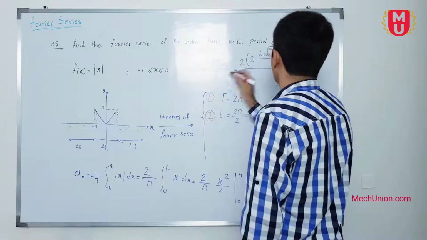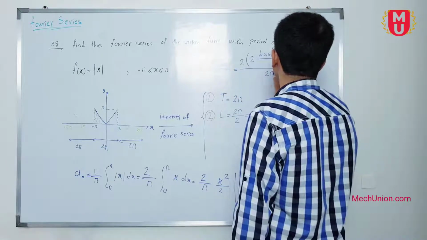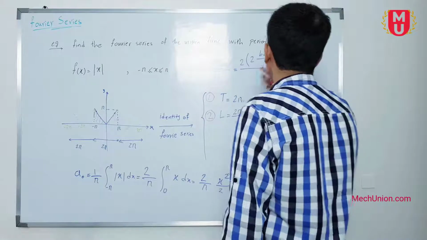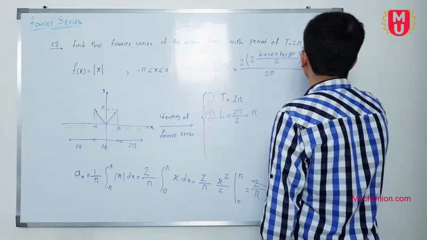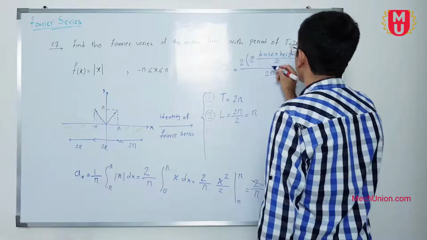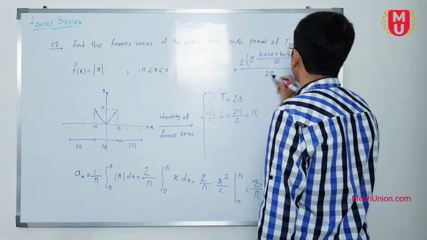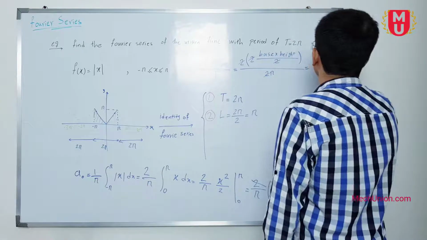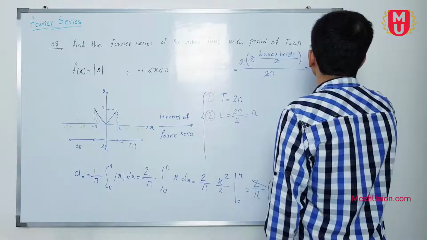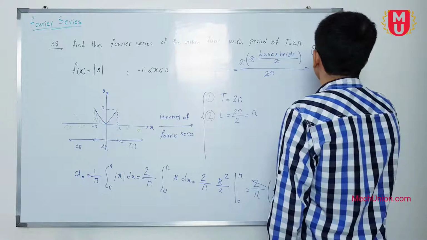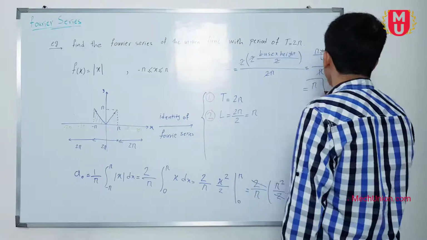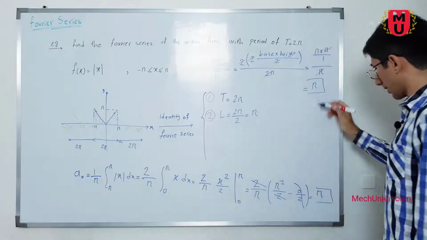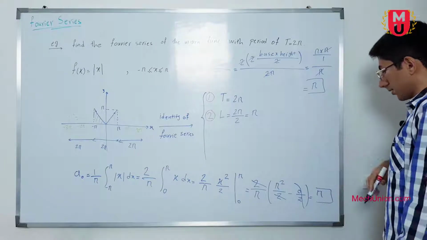This is period. Our period is 2 pi. Okay, it's just a substitution. We simplify these 2's here. Pi times pi over 1 over pi. This pi will simplify, we have the pi. You can see that's the equivalent.